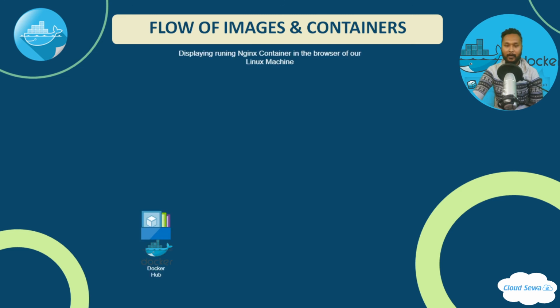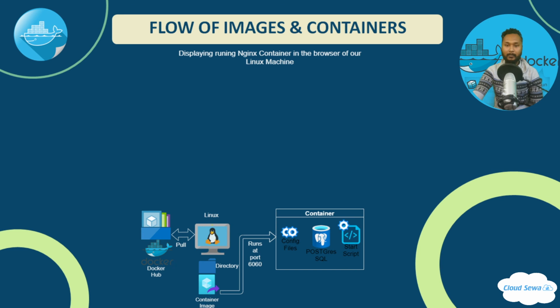At first, you have Docker Hub, the collection of images, and you pull it onto your Linux machine. After you pull that image, it will be stored in your local directory, and then when you run it at port 6060 or 8080, whatever you want, you have the container running.